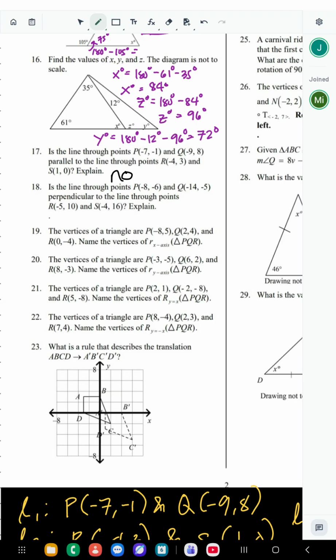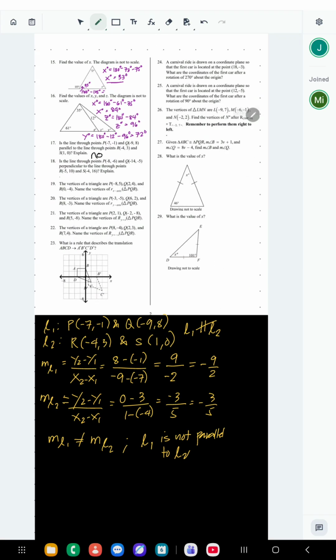We've already solved number 17. They're not parallel because the slopes are not equal. When we say perpendicular, that means the slope of the second line is just equal to the negative reciprocal of the slope of the first line. So let's solve that here.